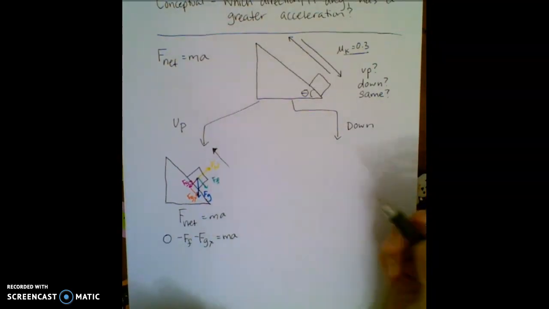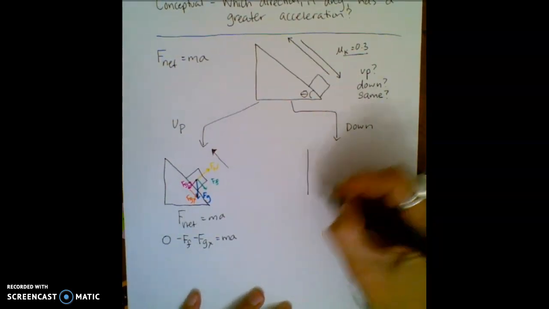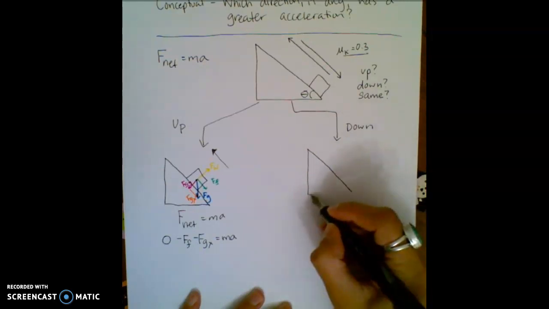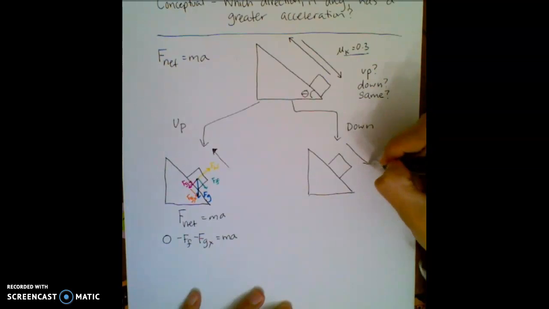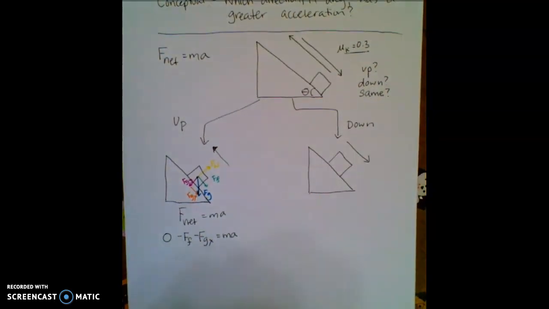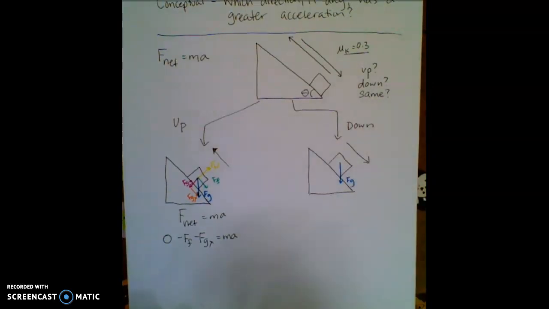Now let's do the same thing, but for down the incline. So here's my incline again, theta. Here's my box, and I'm drawing a down arrow because it's going to go down. I still have gravity, Fg. I have a normal force.